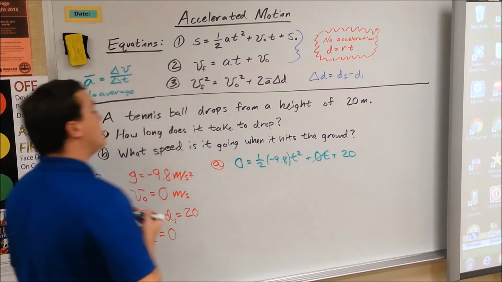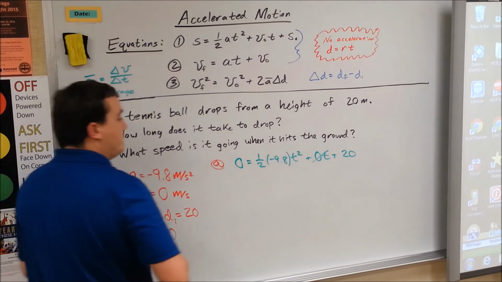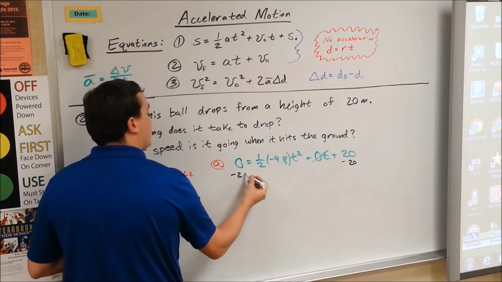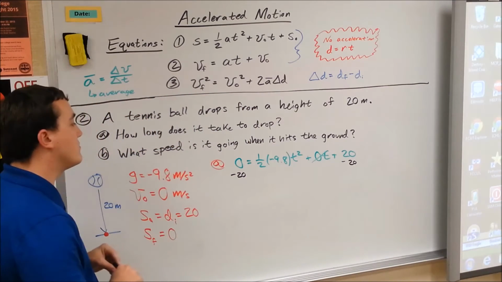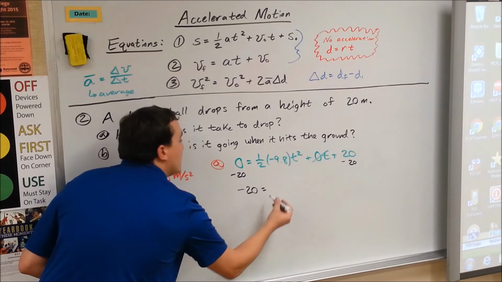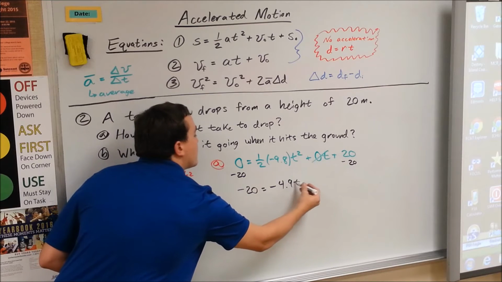So that term is gone. Don't need that. So we solve this. Subtract 20 from both sides. So we have negative 20 equals negative 4.9 t squared.